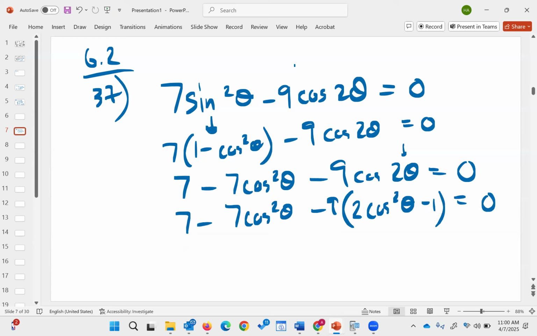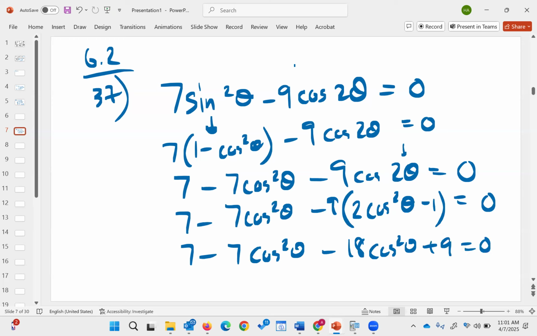Everybody okay there? We had to use 2 identities for this. Okay, so now we got 7 minus 7 cosine squared theta minus, what is it, 18 cosine squared theta? And don't forget this little 1 here. So negative 9 times negative 1 is a positive 9.